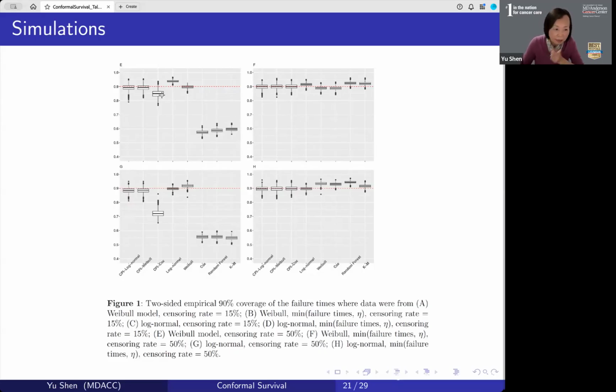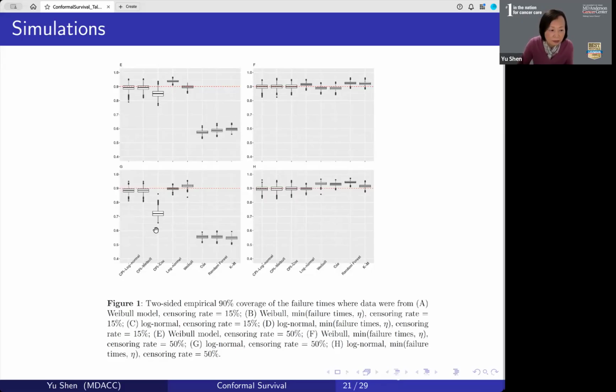With heavy censoring, the interesting thing is, regardless of how your data are generated, either Weibull or log-normal, you need to use a parametric working model to derive this predictive interval. They're doing very well. But I think it's understandable for the Cox model: when there is heavy censoring, the tail behavior is bad, so we can't extrapolate to estimate the upper bound reliably.